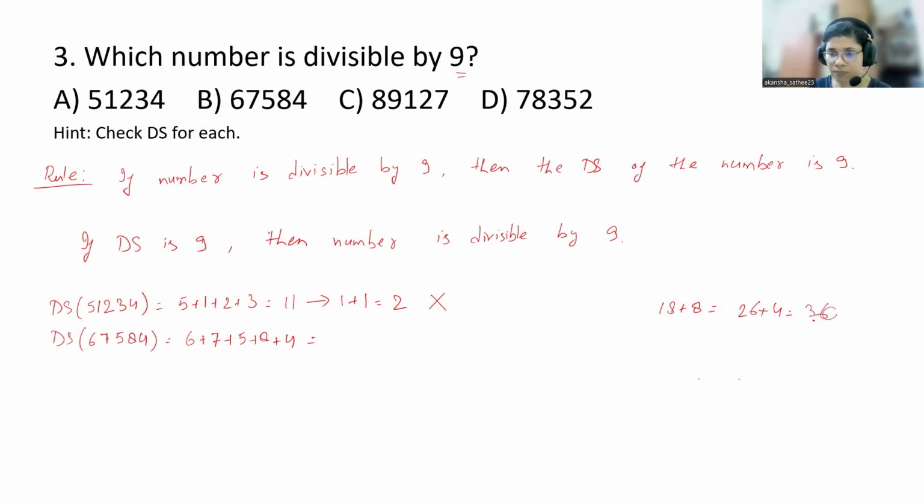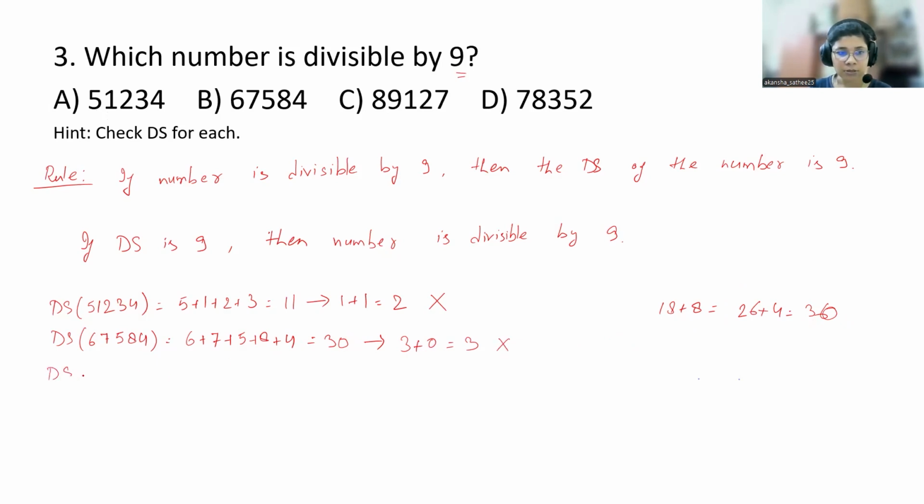Sorry, 30. So it is 30. Again, two digit number. So 3 plus 0 is 3. Not correct, because we are looking for 9.